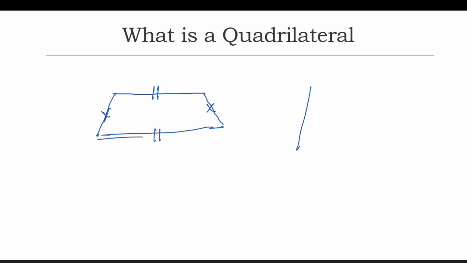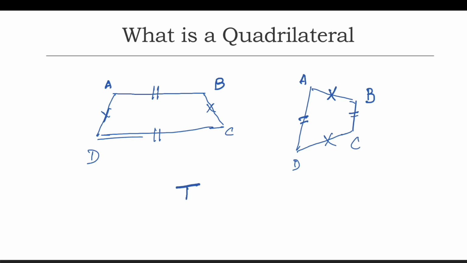The other way around could be these two sides are parallel, but this side and this side are not parallel. So the quadrilateral will look something like this, right? So this could be another type of quadrilateral, A, B, C, D, where this side and this side are parallel, these are not.